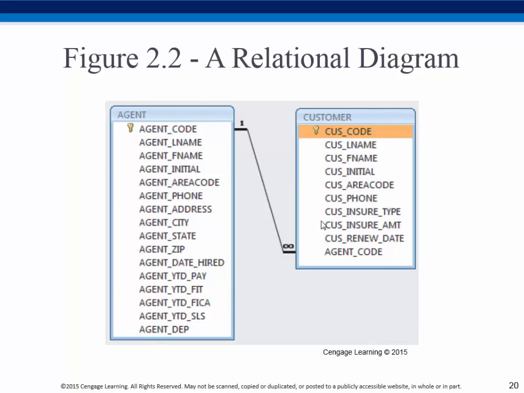It's your unique identifier. But your agent code, because an agent can serve many customers, will link back to the agent table to identify that agent, but it can have duplicate entries in your customer table since it's a foreign key just connecting the relationship.